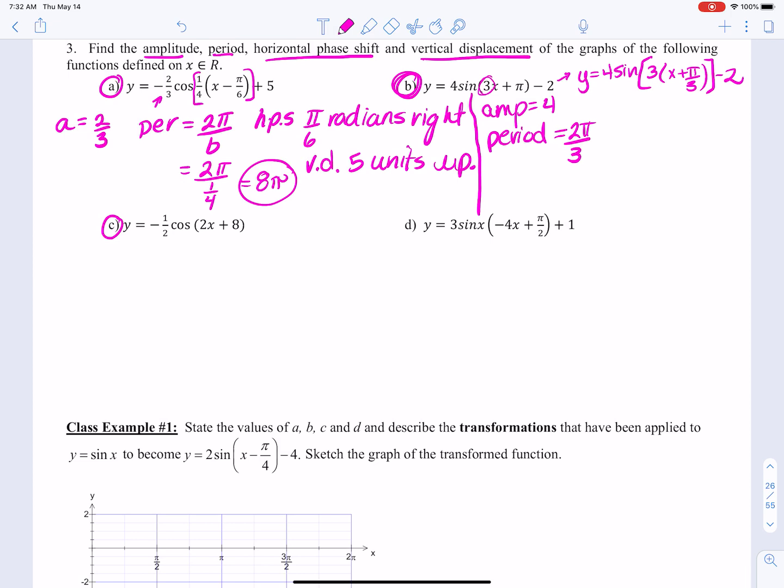So now I can say there's a horizontal phase shift of pi over 3 radians left. And finally, we have a vertical displacement of 2 units down. All right, I'd like you guys to give C and D a try, and I'll be back.